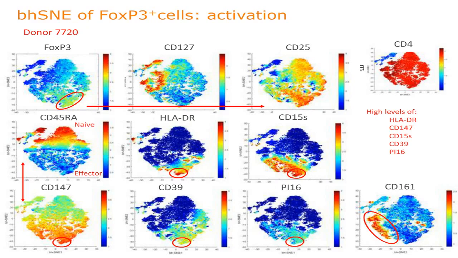So these are the types of things that this analysis can help you with. It can help you visualize your data in an unbiased way. Now it's hard to maybe gate on these populations, so conventional analysis is still very important. We know that CD161, we could go ahead and look at these cells even further and say that some of them are CD15S positive.